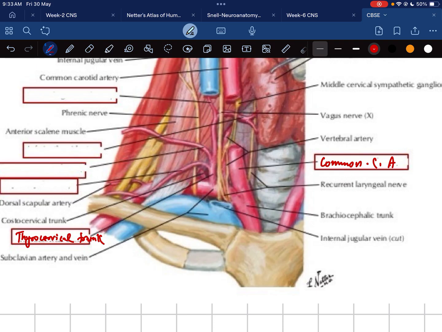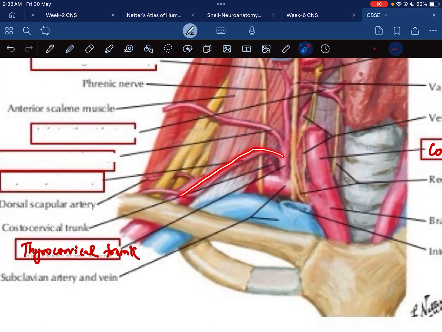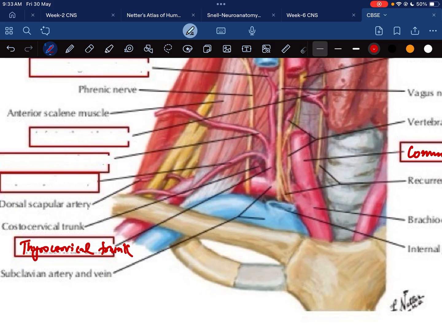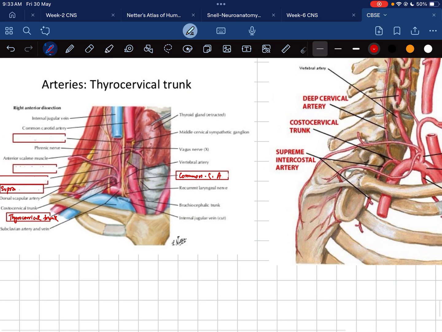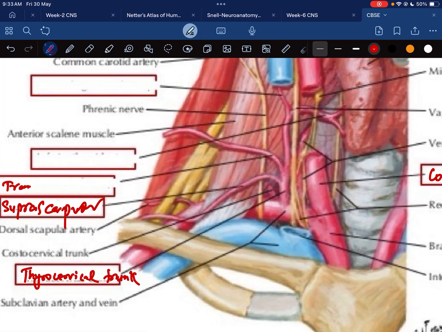Moving on to the others. This artery is known as the suprascapular artery, and after that it goes upward and also forms a branch, known as the transverse cervical artery.